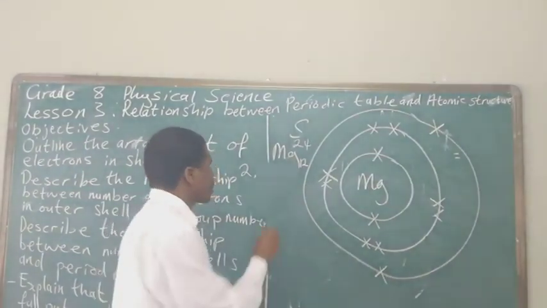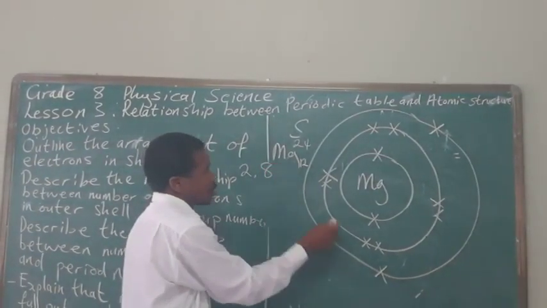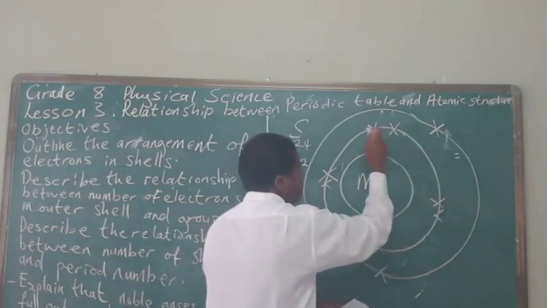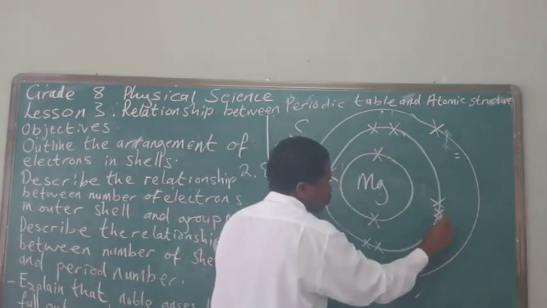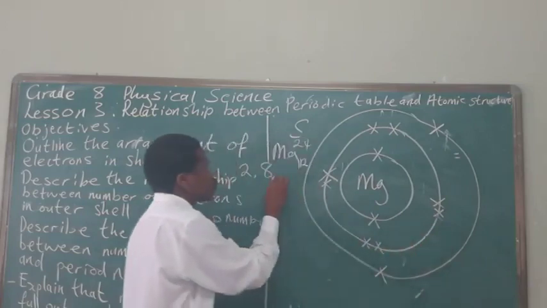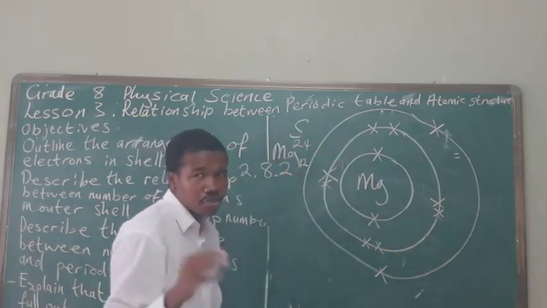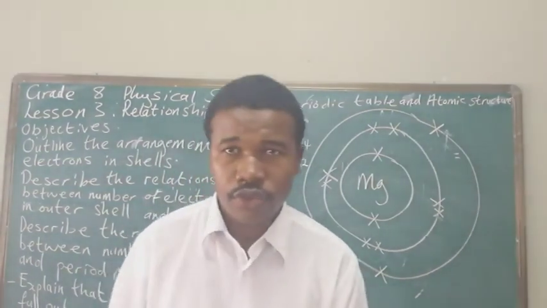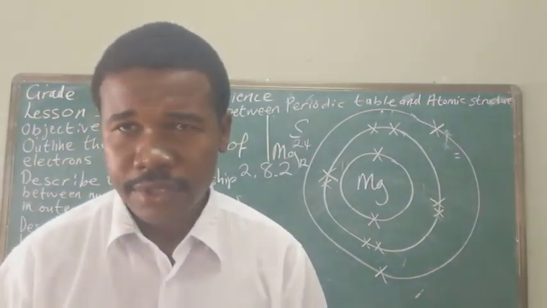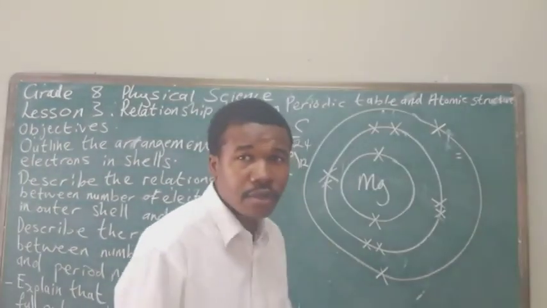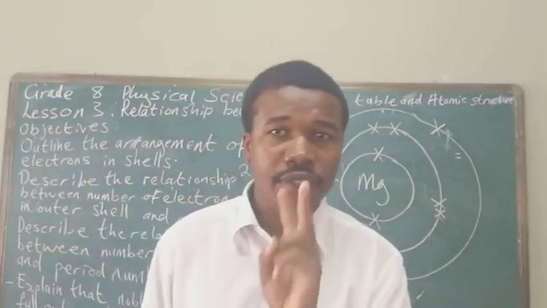In the first shell it has 2, in the second shell 8, and in the final shell 2, which makes 12 electrons. Because it has 2 electrons in its outermost shell, it is found in group 2.